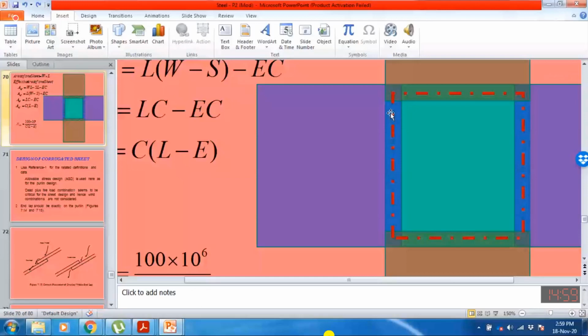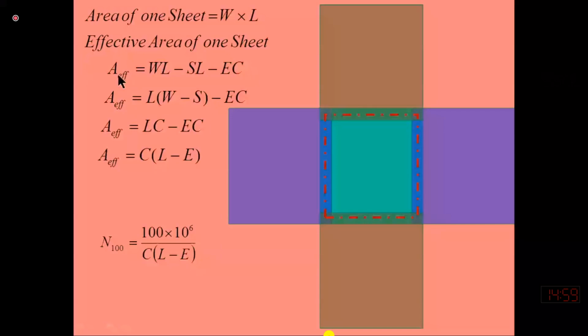Now, why have I sketched this? Because I want to derive this expression. The effective area covered by one sheet is equal to the total area of the sheet minus side lap multiplied by length of the sheet minus end lap multiplied by cover.